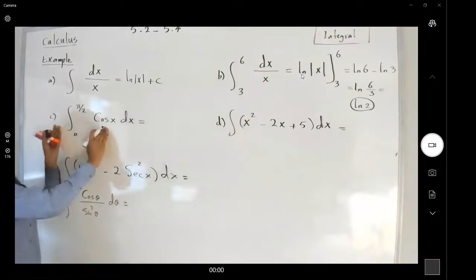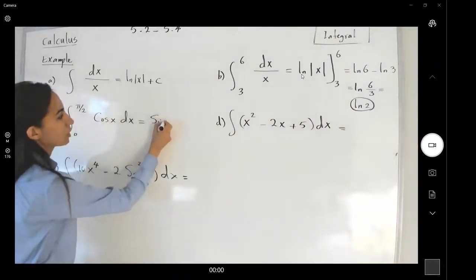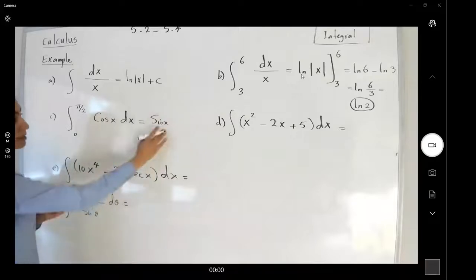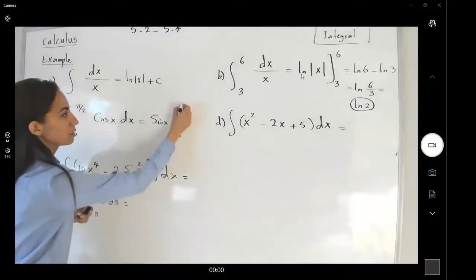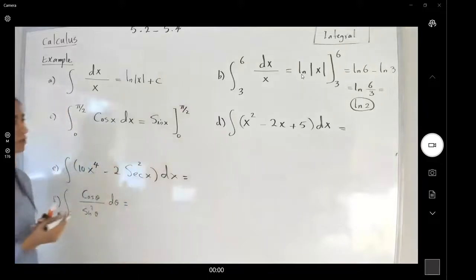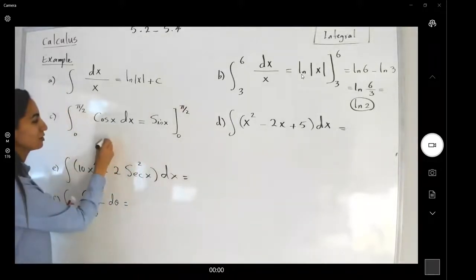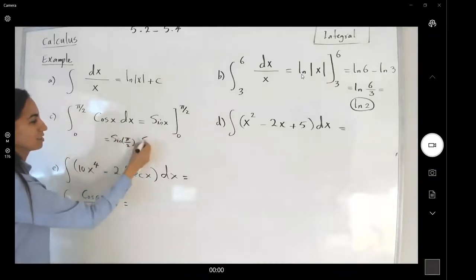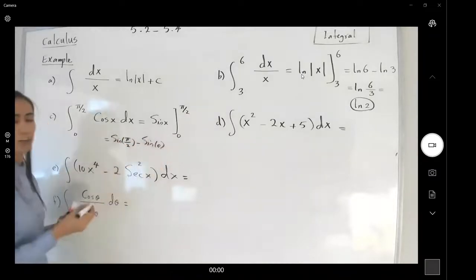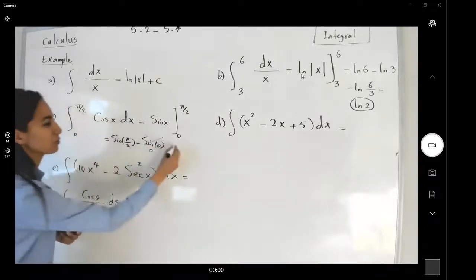The integral of cosine is sine. So we have sine of x. X ranges between 0 to pi over 2. So we have sine of pi over 2 minus sine of 0. Definite integral. Remember that sine of 0 is equal to 0 and sine of pi over 2 is equal to 1.